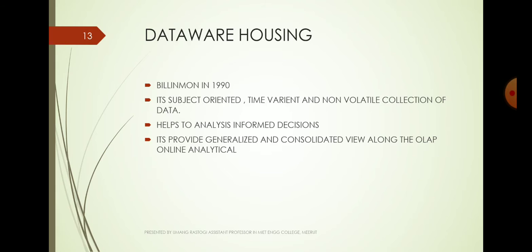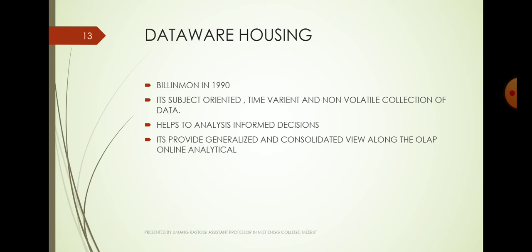It's subject oriented. In data warehousing, we have to collect all the information by subject, by time variant, and it will be a non-volatile collection of data. That will be helpful for analysis of any decision that is already informed.